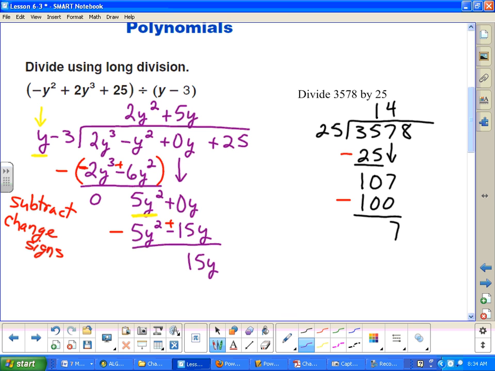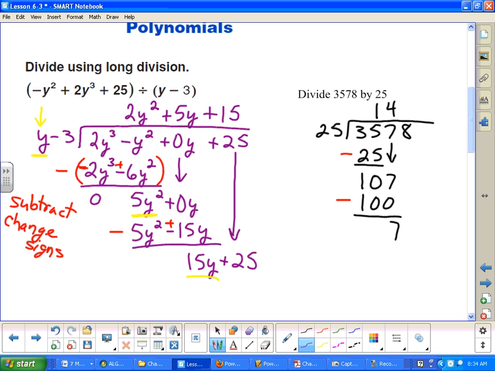So then, I think we can do this now. Bring down the 25. We do the same thing, focusing on the first one. So what is 15y divided by y? 15. So we say plus 15 here.